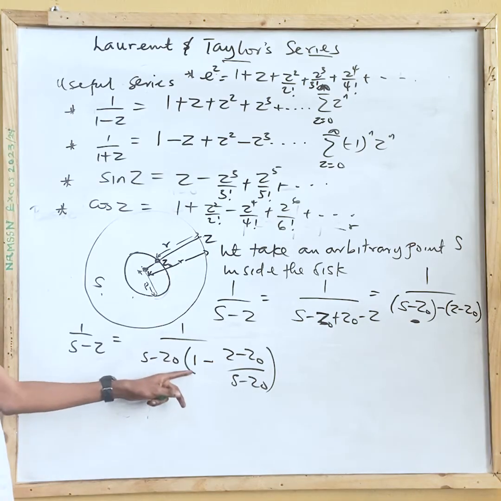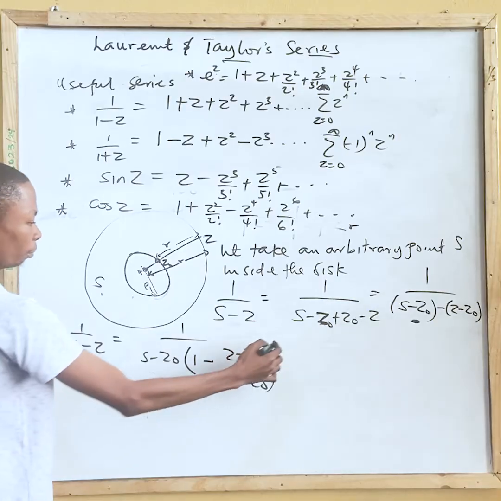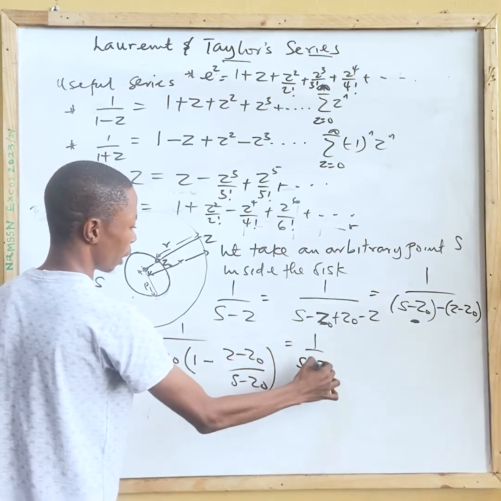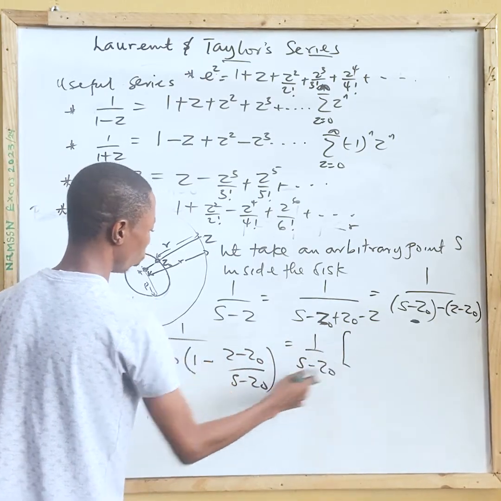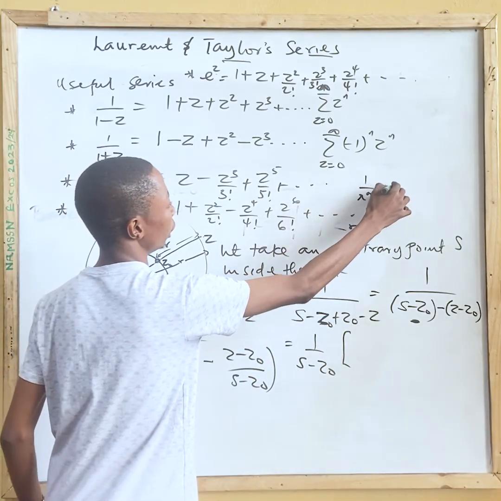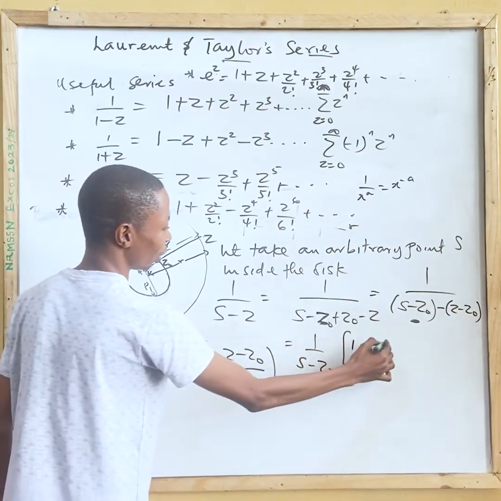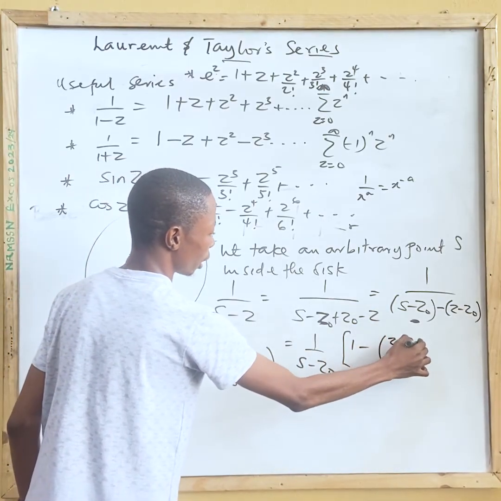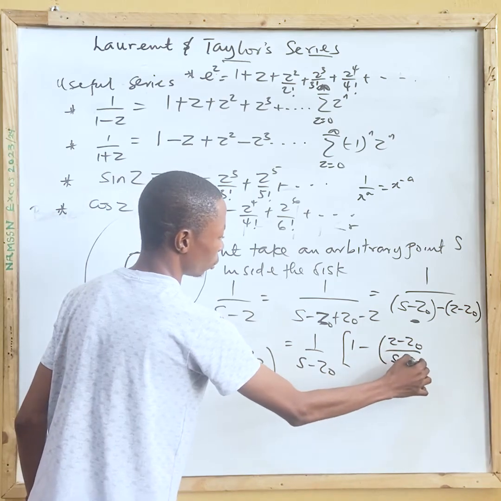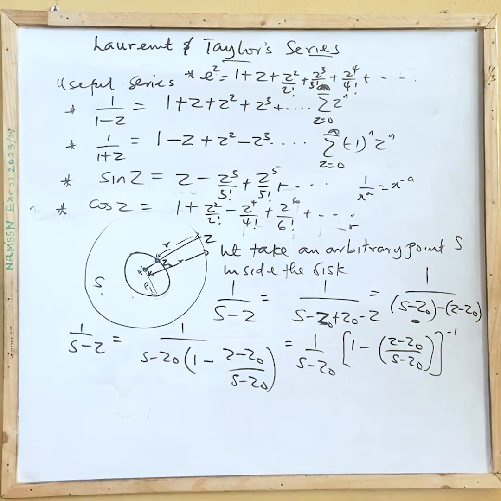So from there now, if I raise the expansion up, don't forget from indices, if you have 1 over x raised to power a, it will turn to x raised to power minus a. So it will turn to 1 minus z minus z naught all over s minus z naught, all raised to power minus 1.